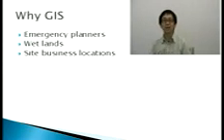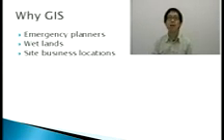GIS can be used in scientific investigation, resource management, asset management, and many fields. It allows emergency planners to calculate their response time in event of a natural disaster. It can be used to find wetlands that need to be protected from pollution.